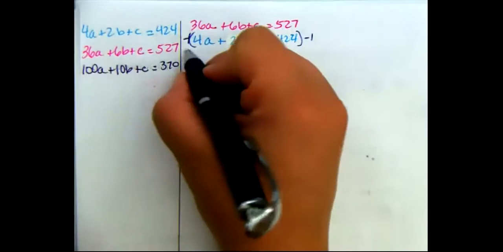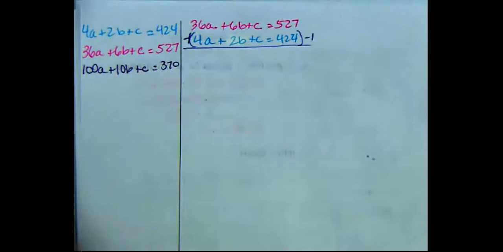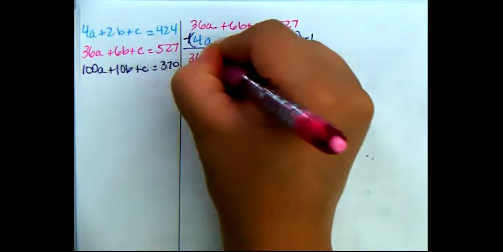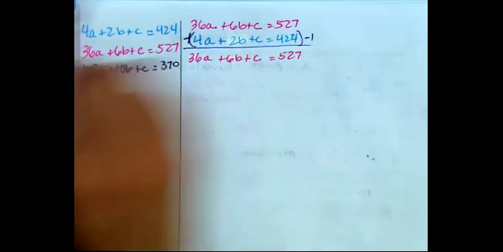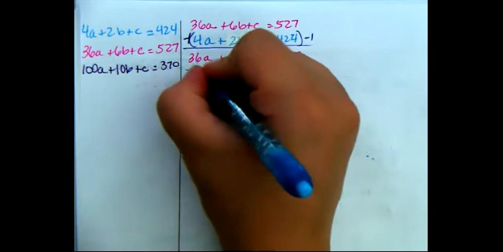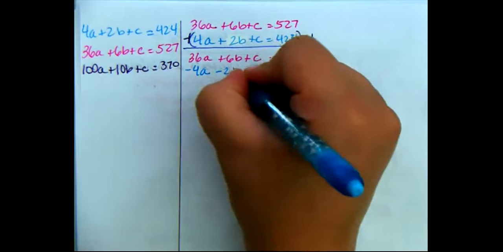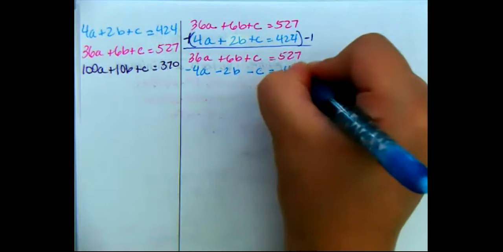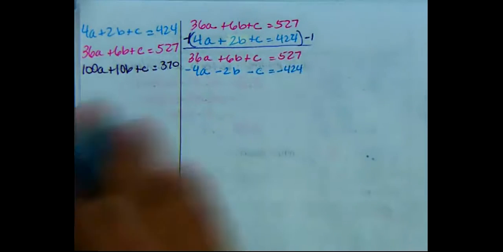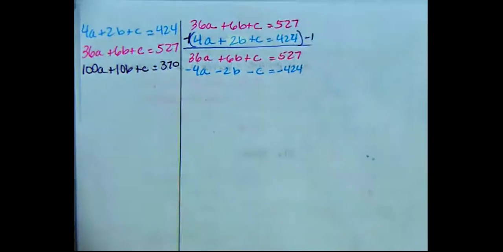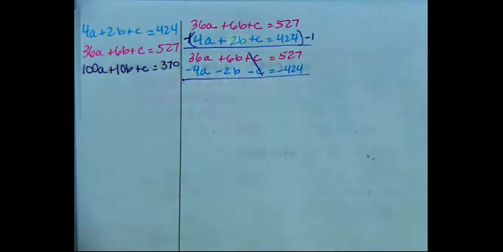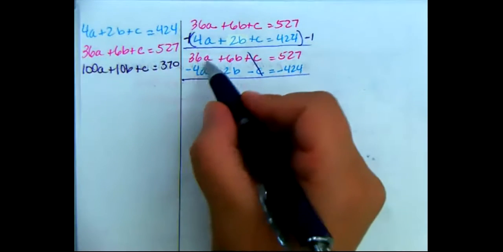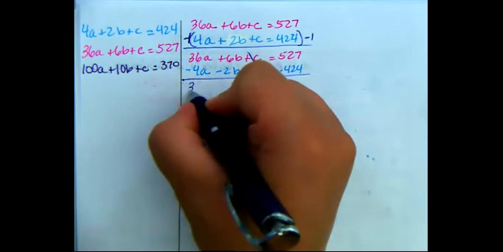So I'm going to rewrite my top equation because I want to keep things organized and nice. So now this will become -4a minus 2b minus c is equal to -424. So I multiplied everything in this equation by a -1. Okay. So now when I add these together, these will cancel, which is what I wanted. 36a minus 4a, that's going to be 32a.